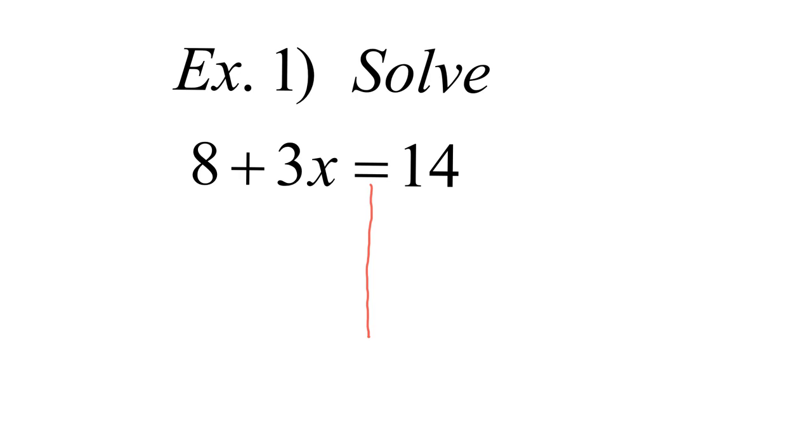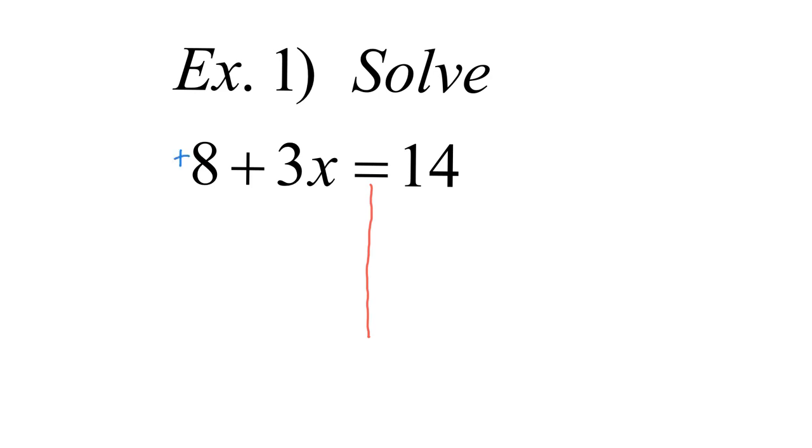Step number 2, you are going to eliminate the constant on the same side of the variables. Now this is very important. There's the variable. The variable is on the left side of the line. So I'm looking on the left side of the equal sign, and the constant is right here. That 8 doesn't have a variable. So I'm going to do the opposite of that number. I know 8 here is positive because there's an invisible plus on the side. I'm just going to put that for now so you guys can see it is a positive 8.